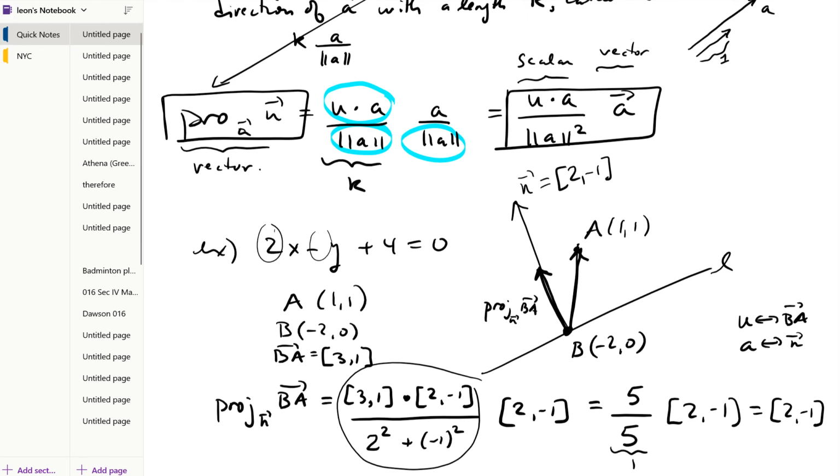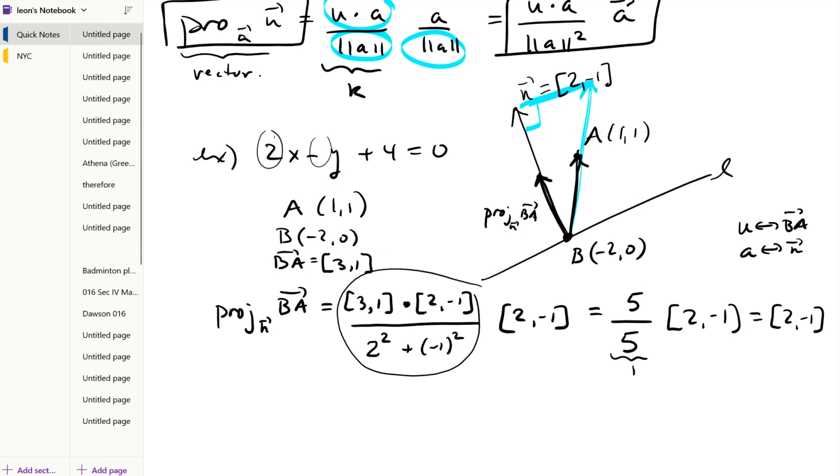That's because my diagram over there is not quite accurate. In fact, if n is (2, minus 1), BA would be perfectly like this, so they form a right angle like this. Anyway, it's just a coincidence. Now to find my distance, the distance will be equal to the norm of this projection vector.